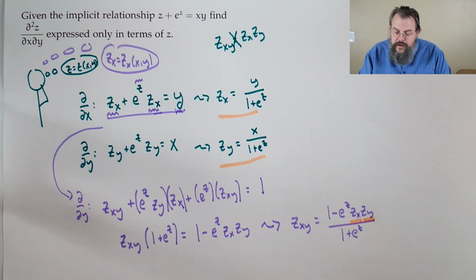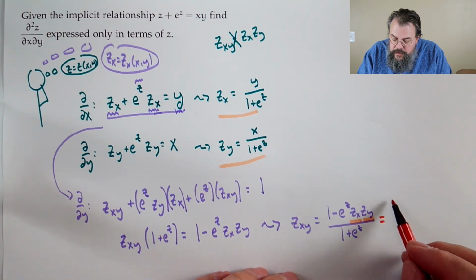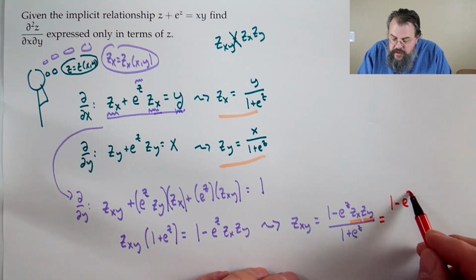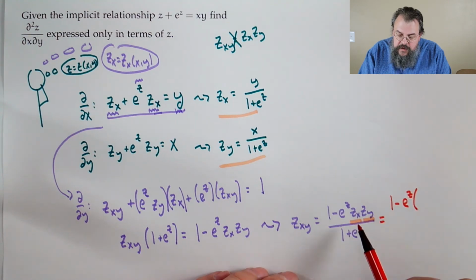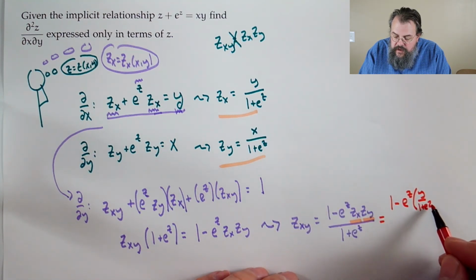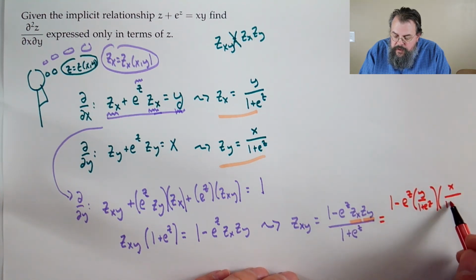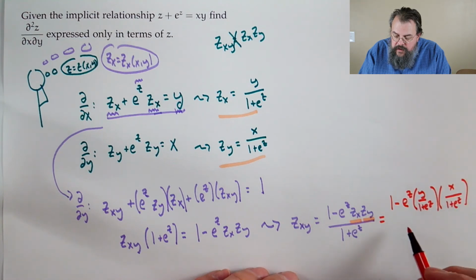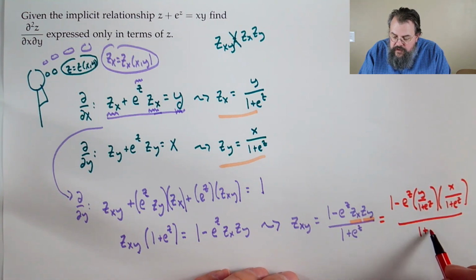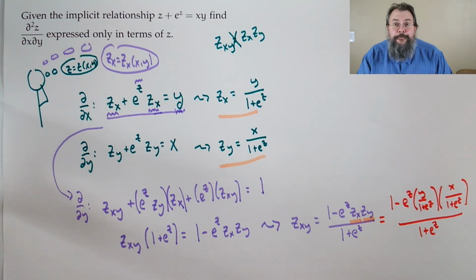So what do they become? This is equal to 1 minus e to the z, and then z_x is y over 1 plus e to the z, and z_y is x over 1 plus e to the z, all over 1 plus e to the z. Great, wonderful.